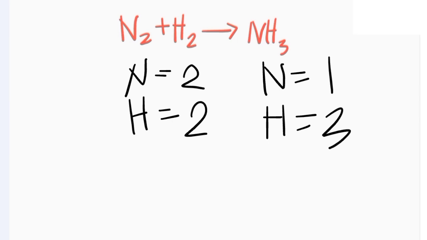So how can we solve this problem? Of course, we need to balance it through coefficients. Again, ang mga coefficient ay sila yung mga number na nilalagay natin sa gilid ng element or ng compound na nasa chemical reaction. So, in order to balance this, ilang beses mo ito times si 1 para makakuha ka ng 2.